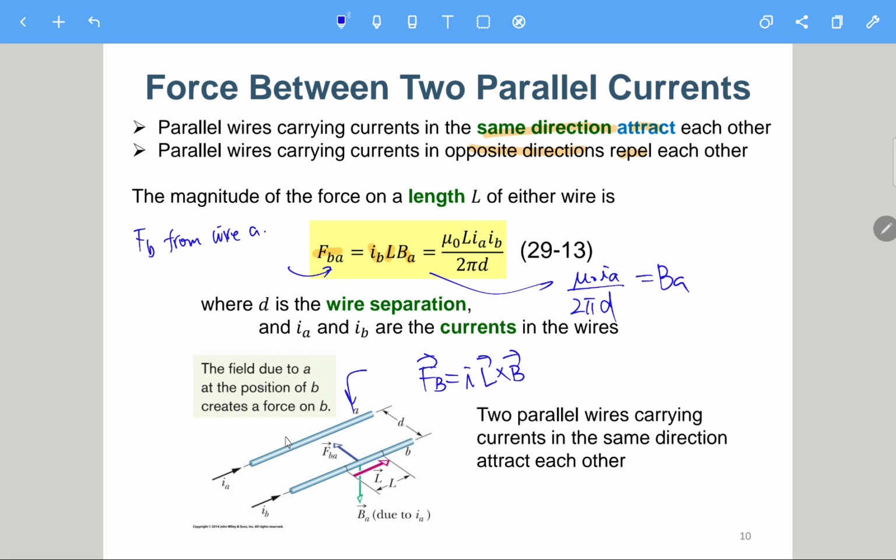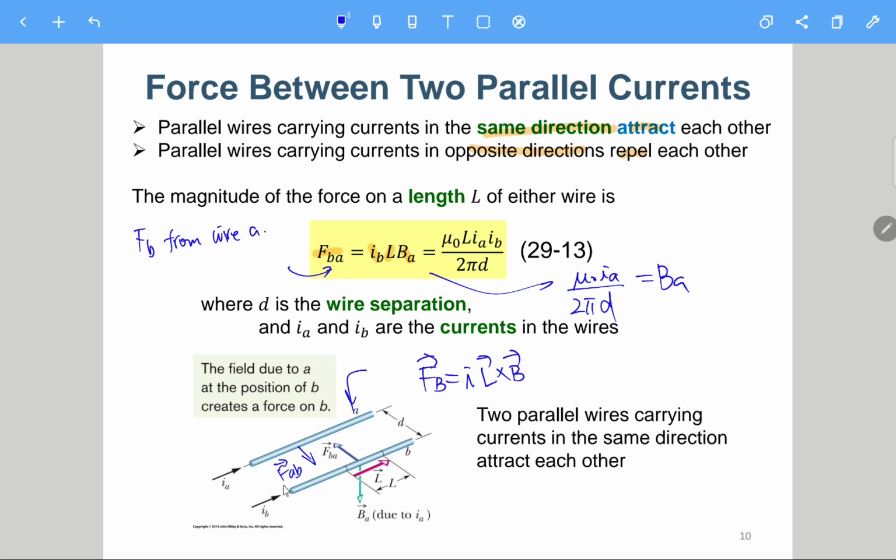Actually, due to wire A, FBA points to that side. So likewise, FAB will also point to wire A. So they attract each other. Actually, you can verify by yourself.